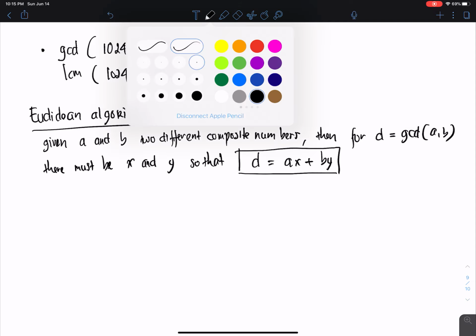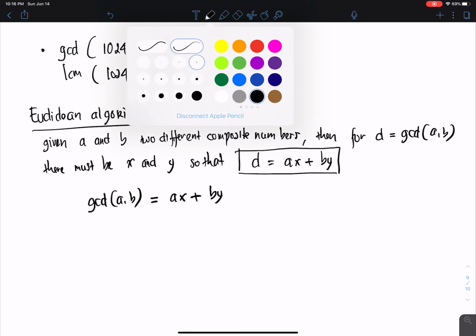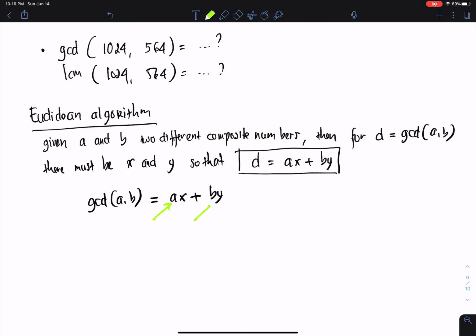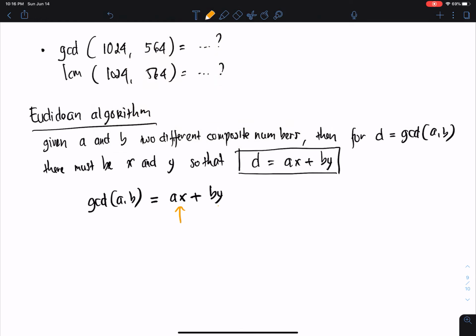In another way to say it, if the GCD of A and B is D, then we can find two numbers so that AX plus BY equals D. These are the numbers that will exist if we can put them into a mathematical equation like this.